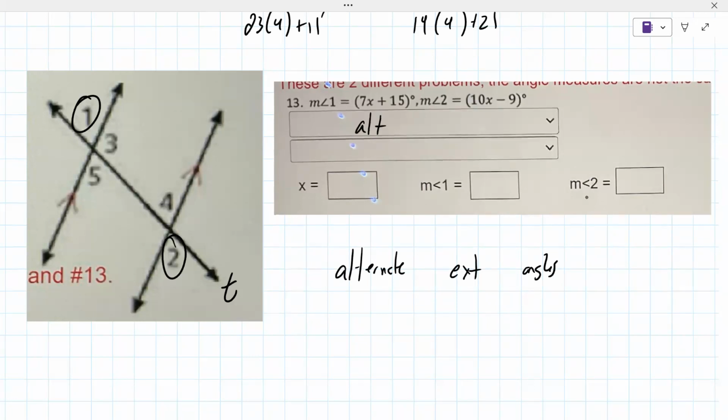So I think you've got to say like alternate exterior angles. And then you're going to say that they're congruent.